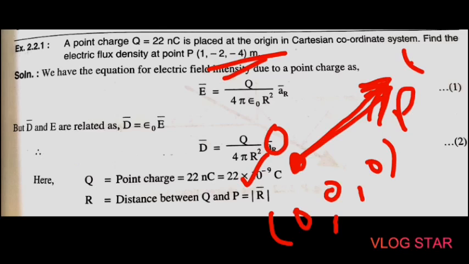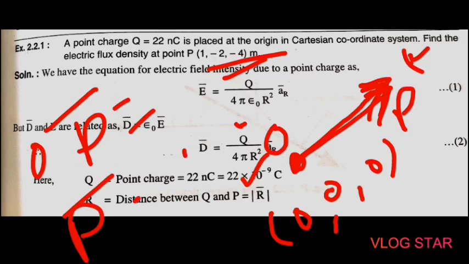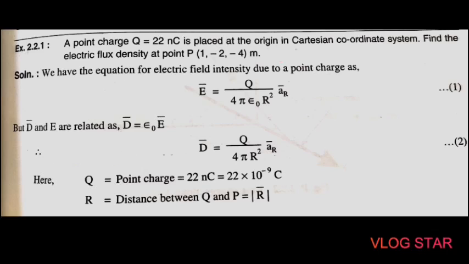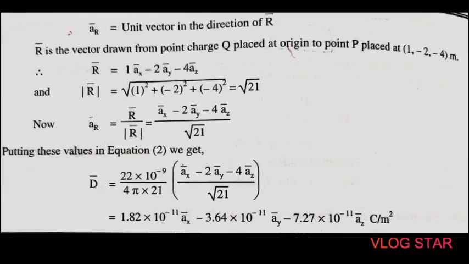To calculate the vector, we use OP bar is equal to P bar minus O bar, that is ending point minus starting point. We know the coordinates of the ending point, that is 1 comma minus 2 comma minus 4.